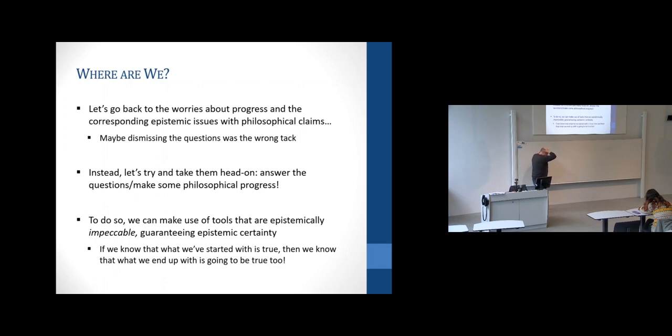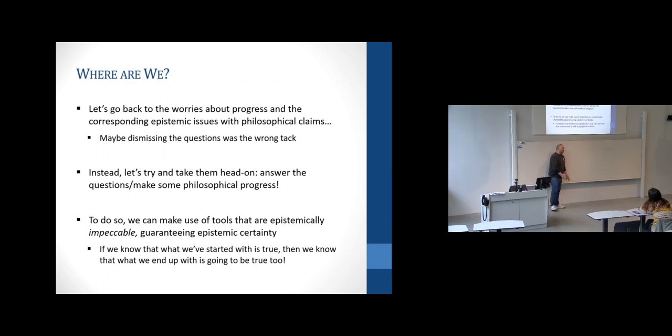What I want to do for today is start off by going back to the worry that got us into lecture 2. So this idea about progress or lack of progress, and that there's kind of corresponding epistemic issues with a bunch of philosophical claims. And maybe, goes the thought to start today, the reason the stuff in lecture 2 wasn't good was because it dealt with those epistemic and progress worries in the wrong way.